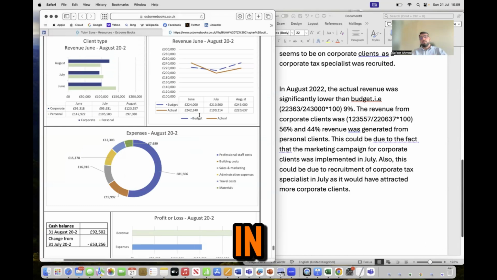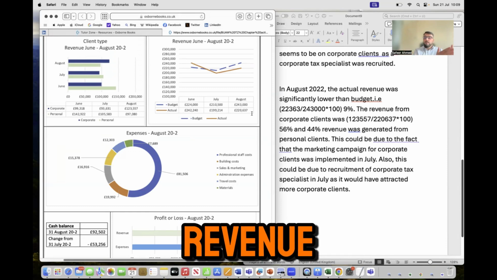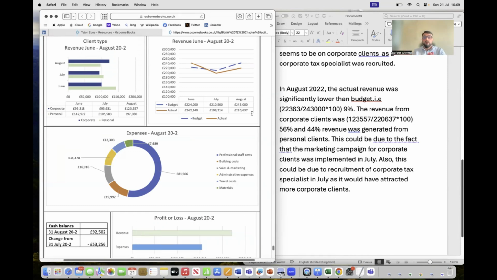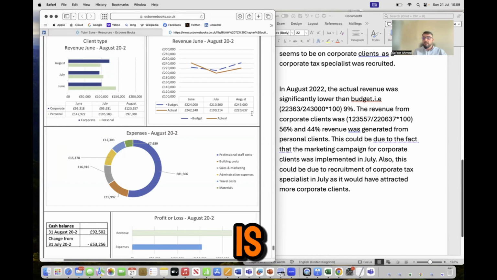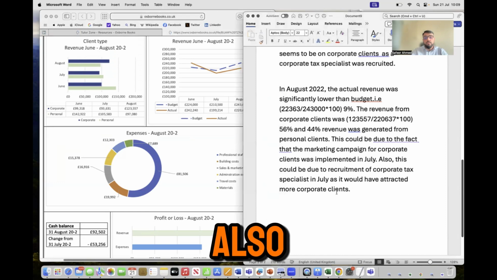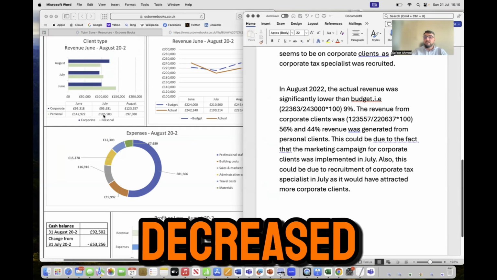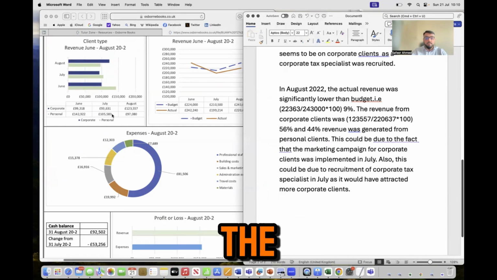And now if you look in August, it's 220,637. So the overall revenue has kind of decreased, although there's improvement from the month of July, but still is lower than June. And also in terms of the personal clients, revenue has decreased further in the month of August.